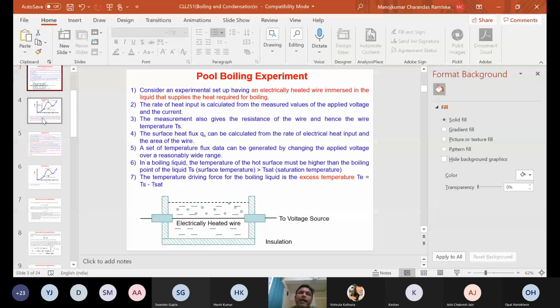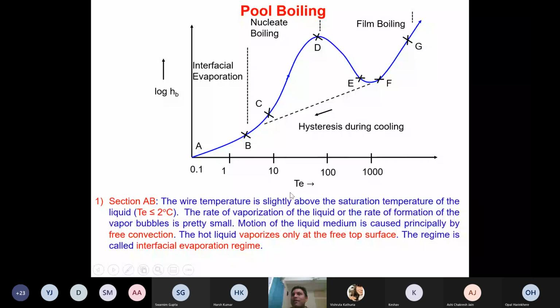In industrial operation, the most important regime in which you want to operate your equipment is nucleate boiling, because here you can get the highest value of the heat transfer coefficient for a minimum value of the excess temperature.